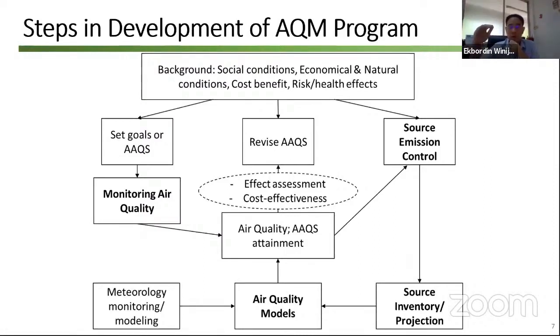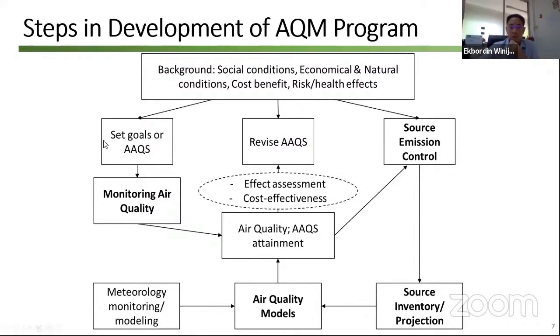For example, what is the current particulate matter concentration, and how is that related to the number of people admitted to the hospital or something like that. So that information needs to be collected, and then we can design the air quality management program.